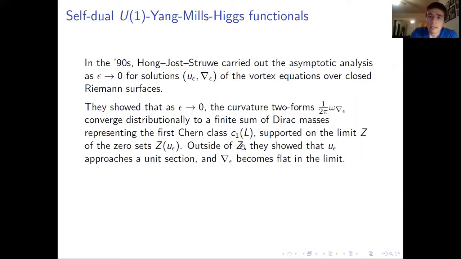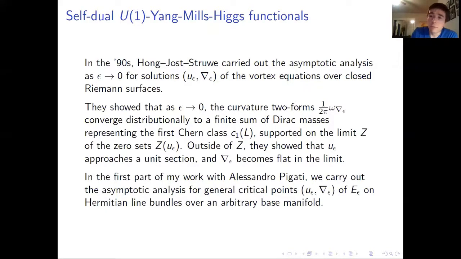Outside of Z, this u epsilon approaches a unit section, and nabla epsilon approaches a flat connection, such that nabla epsilon views u epsilon as being constant. So in particular, energy is all vanishing outside of these Dirac masses. Everything's becoming trivial outside of that zero set.